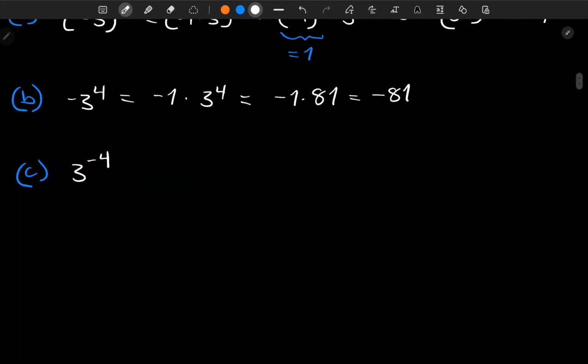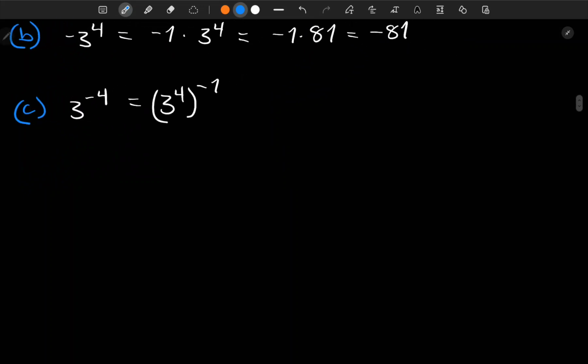Well, 3 to the negative fourth power can be rewritten as (3^4)^(-1). And again, that's simply because whenever you have two exponents, here our two exponents are 4 and negative 1, you multiply them together.